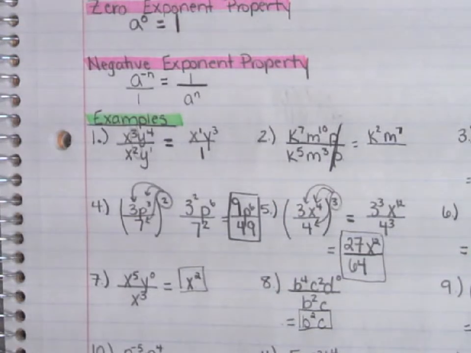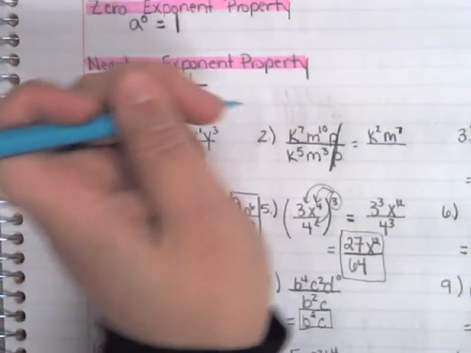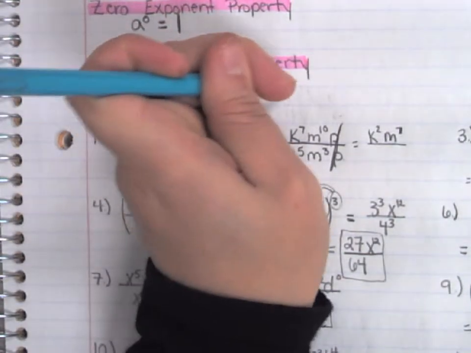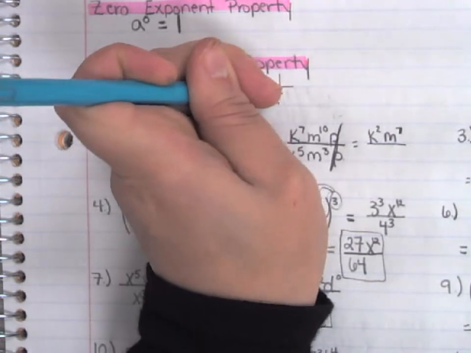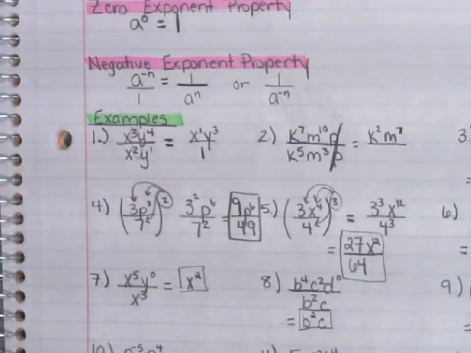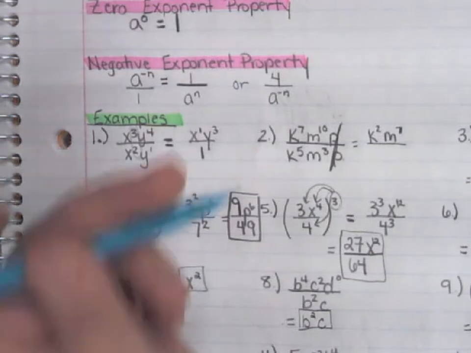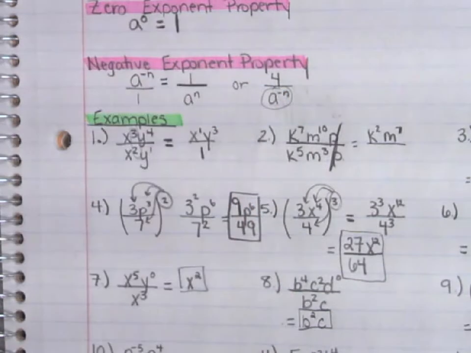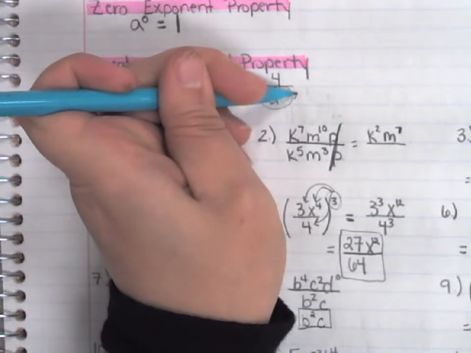Same thing goes if it starts on the bottom. So if I start with, I'm going to write 1 over a to the negative n. Actually, let's change that 1 to a 4, okay? Just to make it interesting. You leave the 4 alone. He has nothing to do with that negative. Leave him alone. But this negative, guys, not allowed to happen. So he needs to cross over to the other side to be positive.